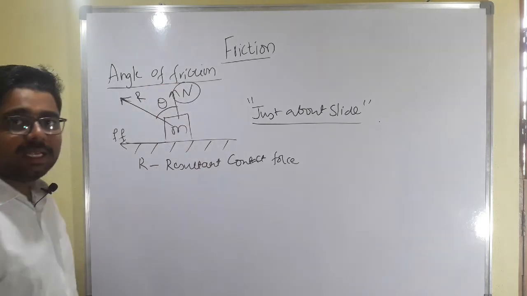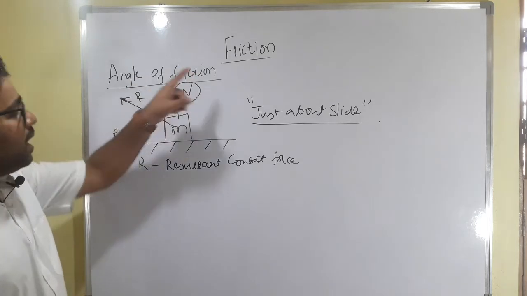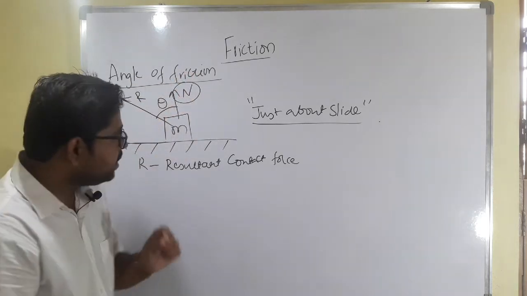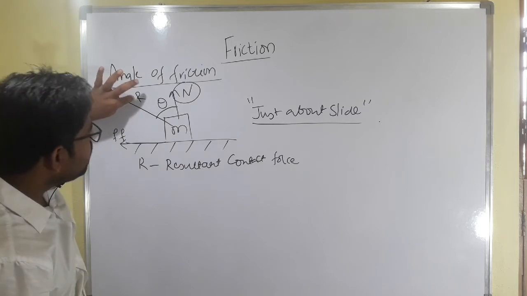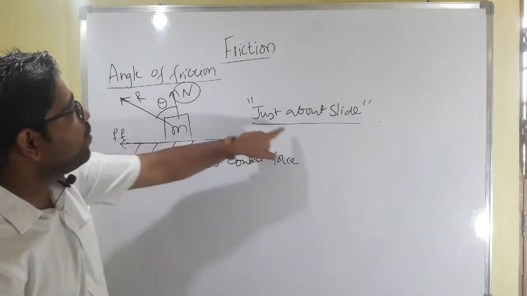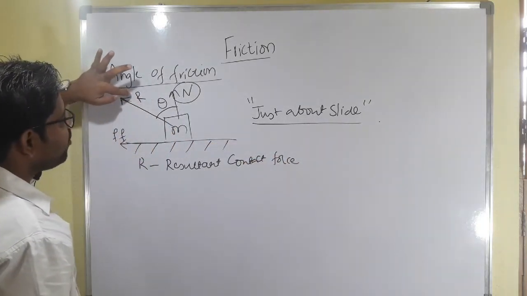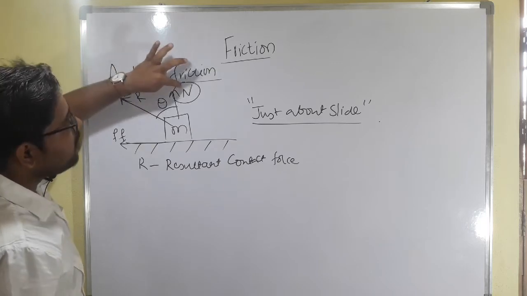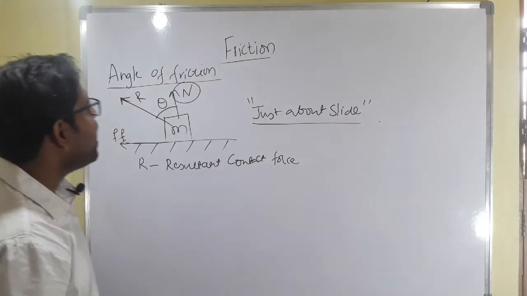Let's call that angle theta. Now, how do we define the angle of friction? Angle of friction is the angle made by the resultant contact force R with the normal reaction when the body is just about to slide. That is called the angle of friction.